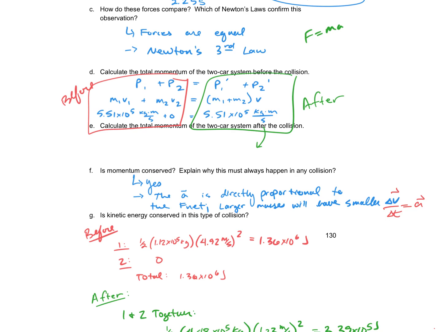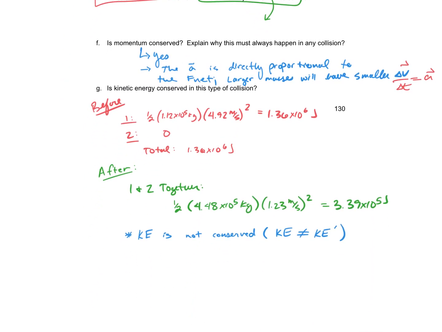In this case, the question asks you to analyze energy to see if energy is conserved. And so in this example, the only energy that exists in the system is the energy of cart 1. So your kinetic energy of cart 1 is 1/2 mv squared. It produces a kinetic energy value of 1.4 million joules.